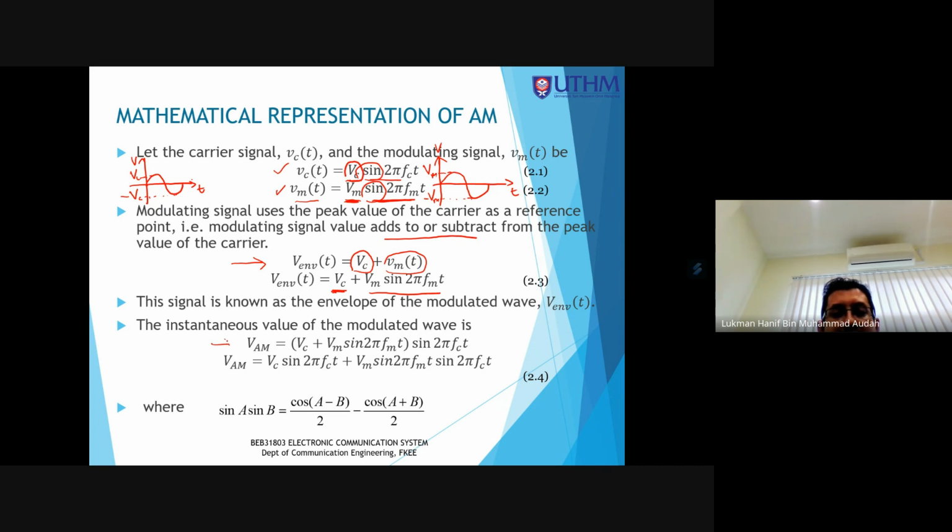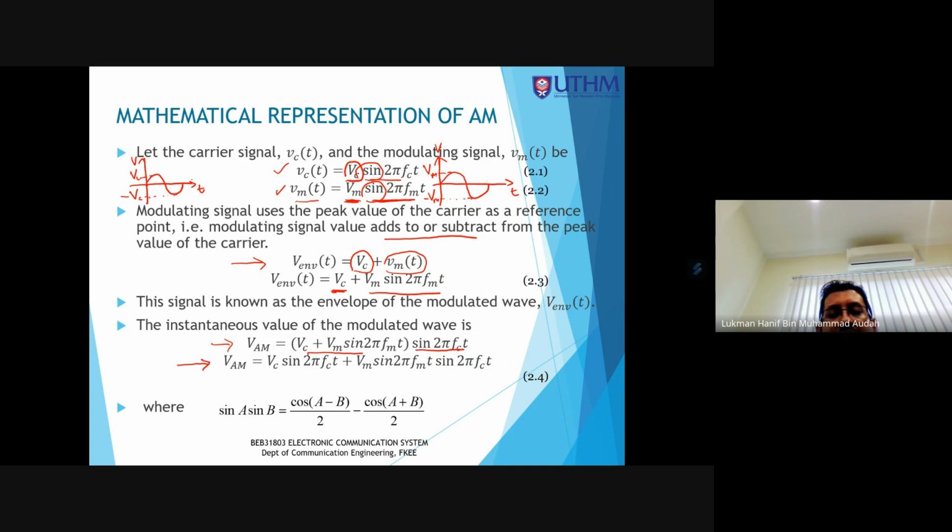The envelope signal is multiplied with sine 2 pi FC t, and you are going to produce the final AM equation.